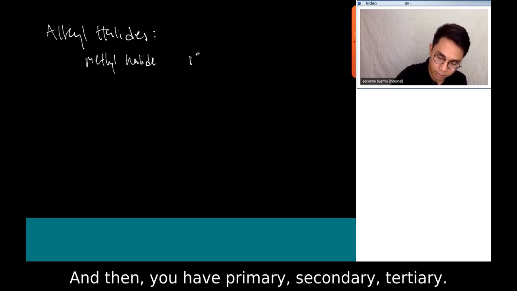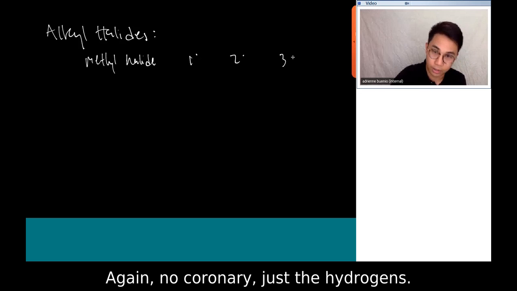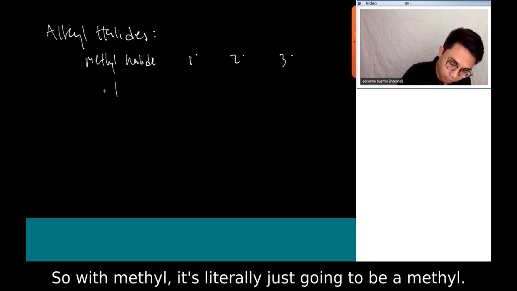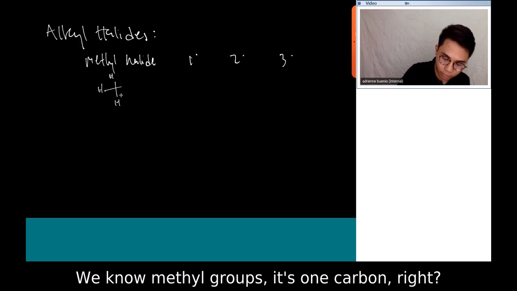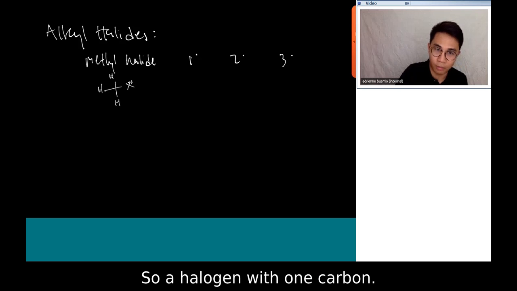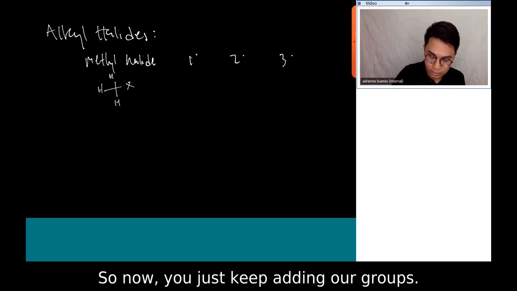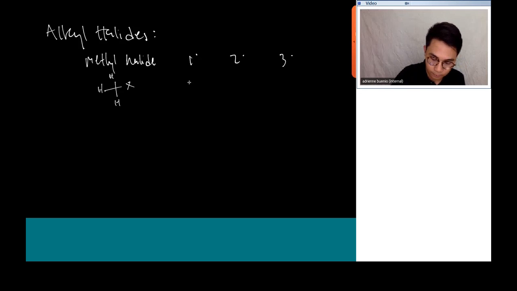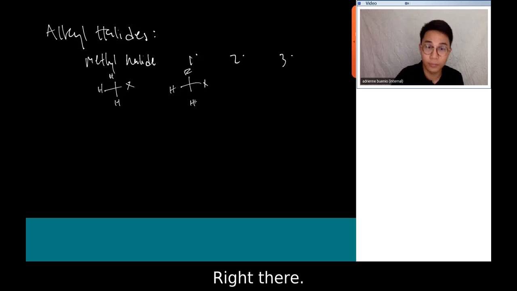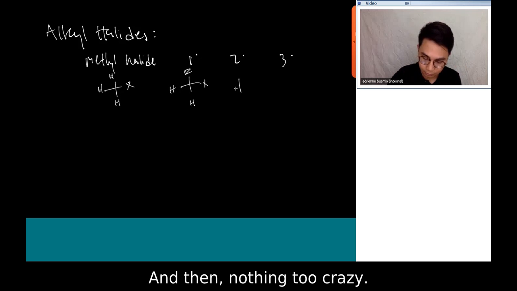And then you have primary, secondary, tertiary. Again, no quaternary, just like the hydrogens. So with methyl, it's literally just going to be a methyl. We know methyl groups are just one carbon, right? So a halogen with one carbon. So now you just keep adding R groups. Right there, right? And then nothing too crazy.